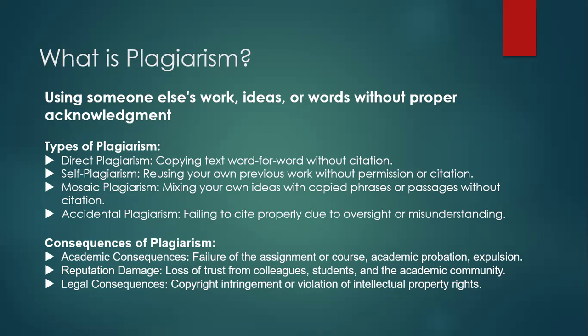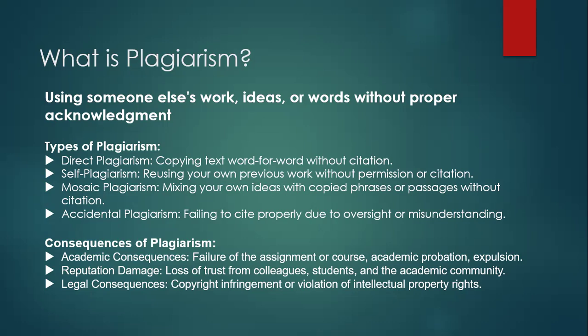With the Harvard president who lost her job, she failed to cite herself. So she had articles that she had written, but she didn't cite herself. So they considered that plagiarism. To me, that's a sticky thing. You could say, well, they should have let her slide, but maybe not. But anyway, that's accidental plagiarism.